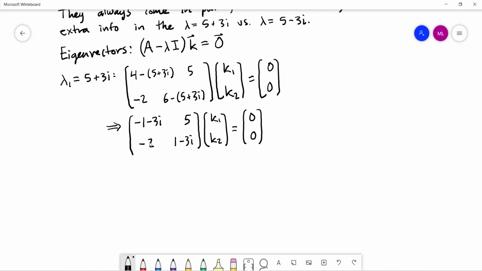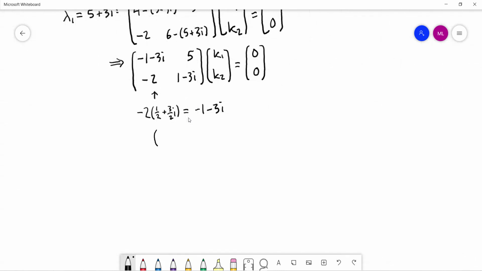To make these proportional, I would need to multiply this bottom one by something such that negative 2 times it is negative 1 minus 3i. So I'd need 1/2 plus 3/2 i. If I multiply this term by that, distributing through, that would be a negative 1 and a minus 3i, I'd get the top. And if I took this exact same thing and multiplied it by this, we would get 5 out of that.